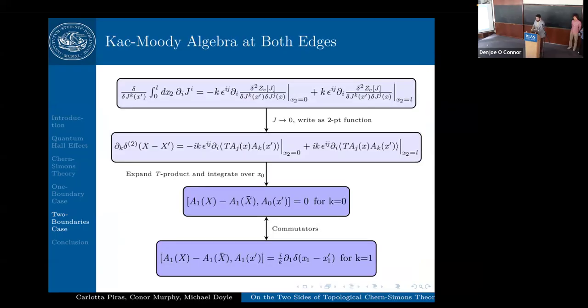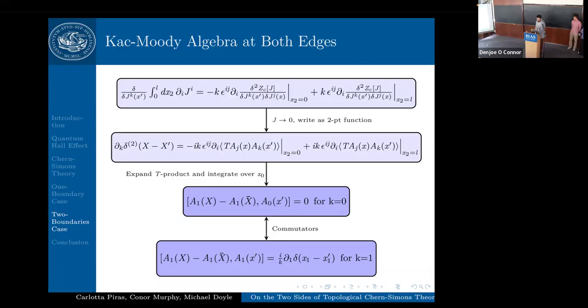So as before, we want to look at the algebra that emerges on the boundaries. So we take the broken Ward identity, which is not yet on shell. We act a functional derivative with respect to the current on it. Then when we bring it on shell, we get the 2-point functions of a time-ordered product of the gauge fields, one term for either boundary.